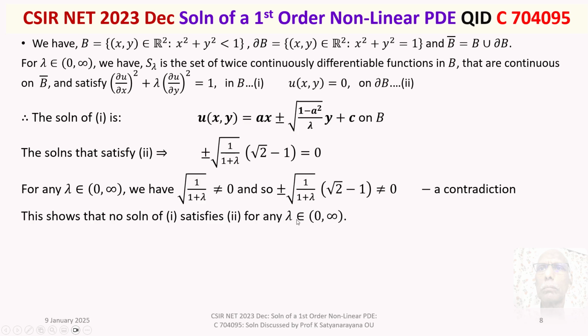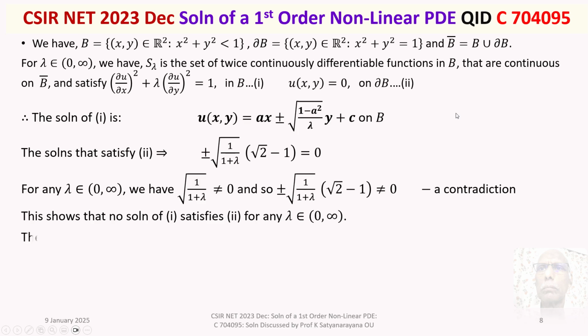Right. If I take lambda is equal to 1, no solution. That is, S lambda, consisting of the set of twice continuously differentiable functions on B which satisfies the differential equation. Therefore, for lambda is equal to 1, S1 is empty. For lambda is equal to 2, S2 is empty, because for any lambda belongs to 0 to infinity, S lambda is empty.